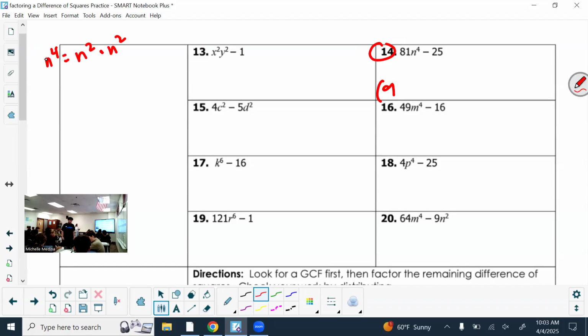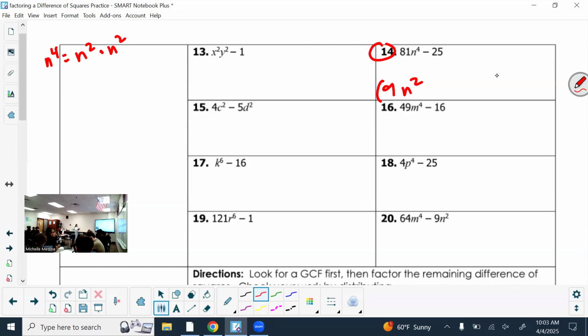Good. And there are other ways to get n to the 4th, but we want it to be something that could be multiplied by itself. So n squared times n squared is n to the 4th. Basically, divide that exponent by 2.